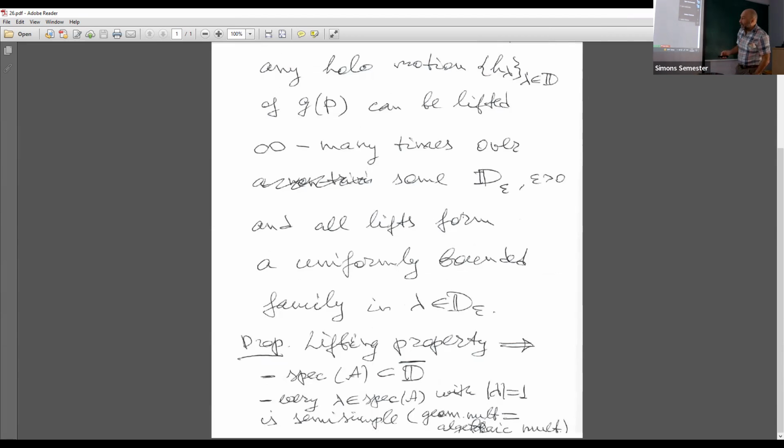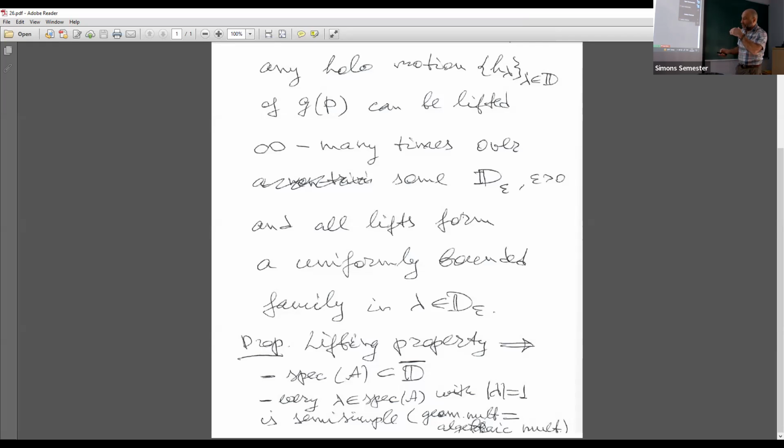And then it should be clear that the lifting property already implies that there is no eigenvalue with modulus bigger than 1. Just because if such an eigenvalue exists, then you consider a local holomorphic motion with the speed at the eigenvector corresponding to this eigenvalue.